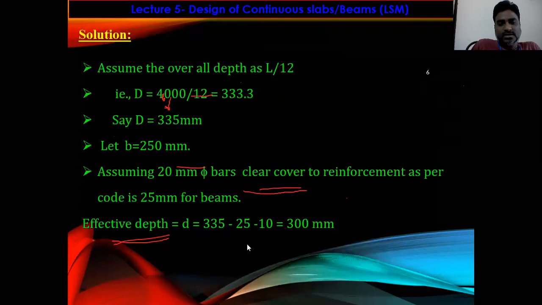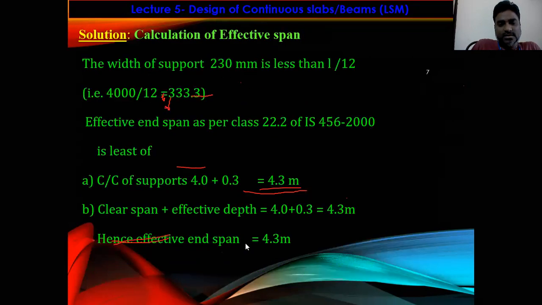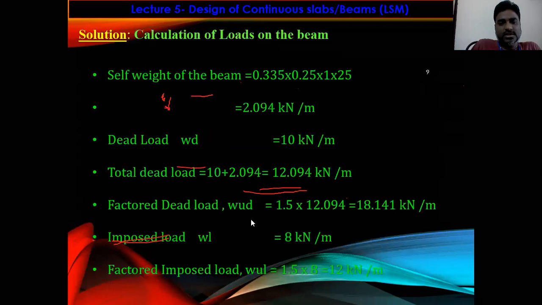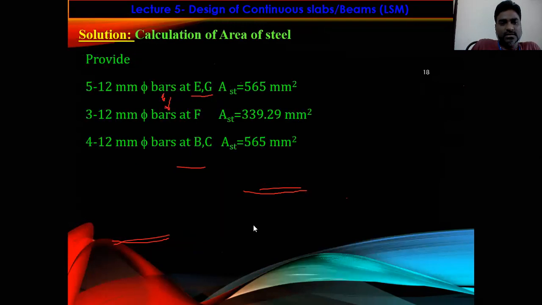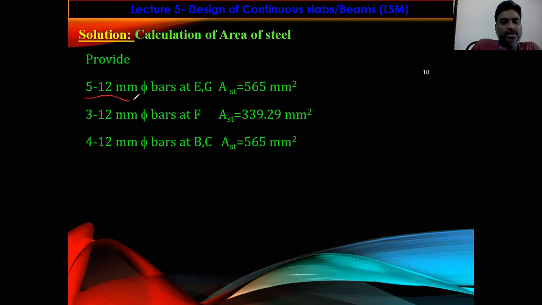So five numbers of 12 dia bars are required at E and G, that means at the middle of the end span. Therefore Ast is 565 mm². And at F, the middle of the interior span, three numbers of 12 dia bars are required.